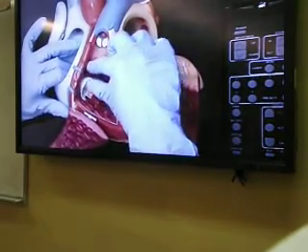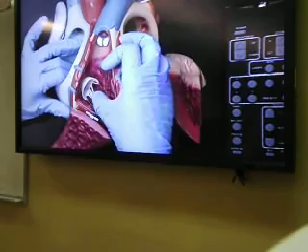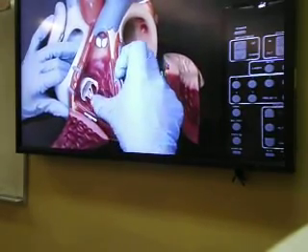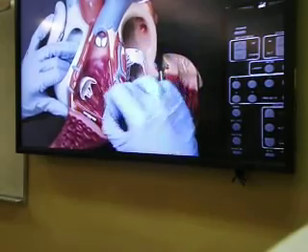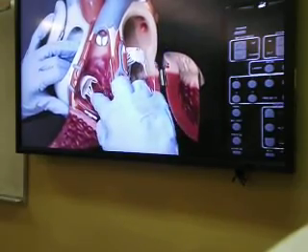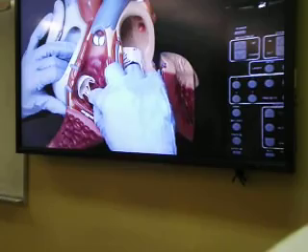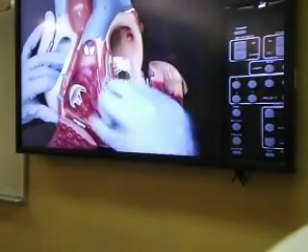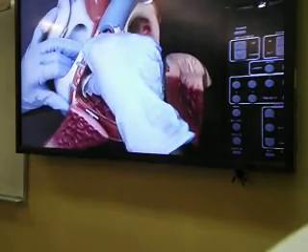We also see this tricuspid valve is attached to the floor of the right ventricle via this bump-like muscle. This bump-like muscle we call the papillary muscle. And the papillary muscle actually holds the tricuspid valve via a string-like structure which we call the chordae tendineae.